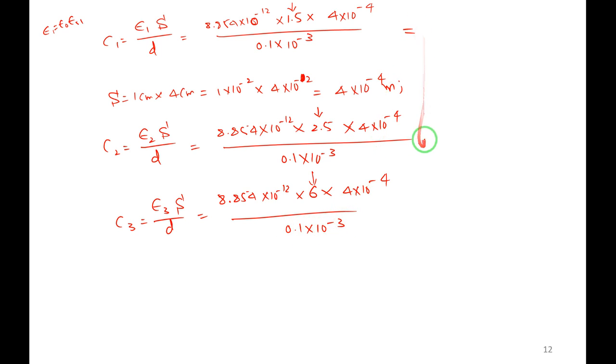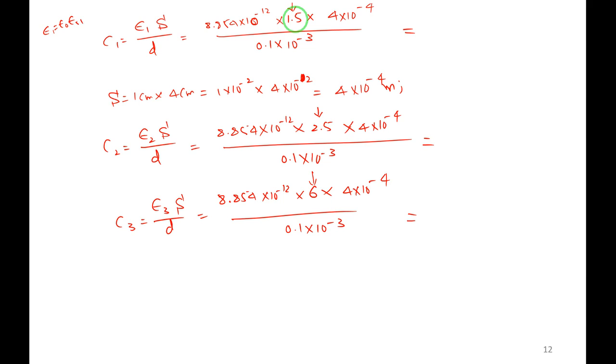I will calculate all three at a time, because most things are common. Leaving the dielectric constant aside, I take in the numerator 8.854 exponential minus 12 into 4 exponential minus 4 divided by 0.1 exponential minus 3.